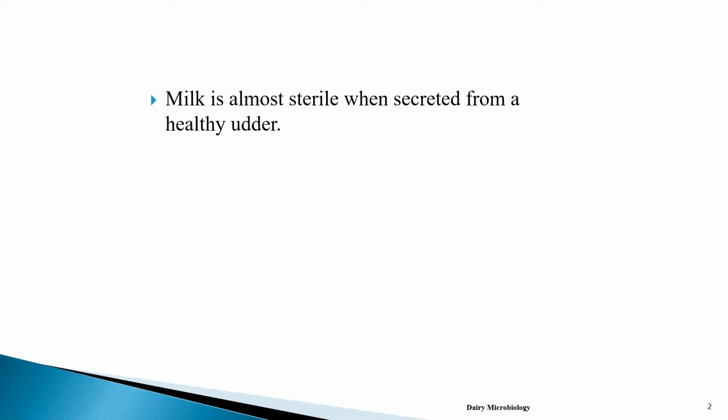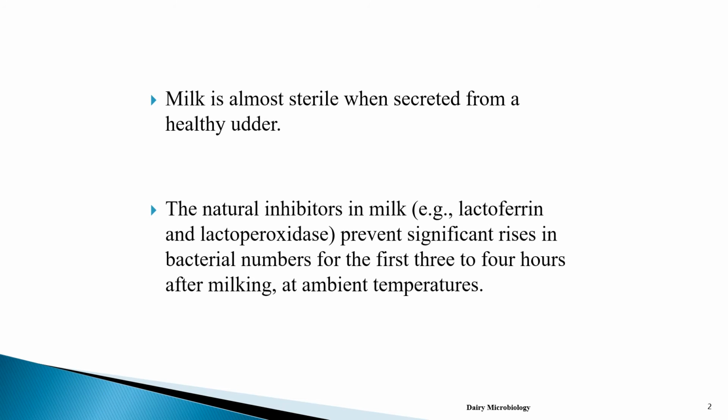Milk is almost sterile when secreted from a healthy udder. The presence of natural inhibitors in milk like lactoferrin and lactoperoxidase prevent a significant increase in bacterial numbers for the first 3 to 4 hours after milking at ambient temperatures.